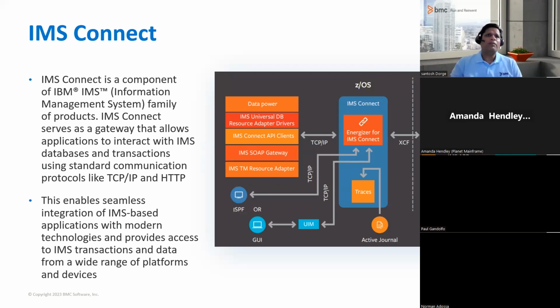Key benefits of the BMC AMI Energizer for IMS Connect are better availability through dynamic changes that do not need an outage, even if changes are needed to the environment, like changing the routing or adding a new data store to the IMS Connect environment.